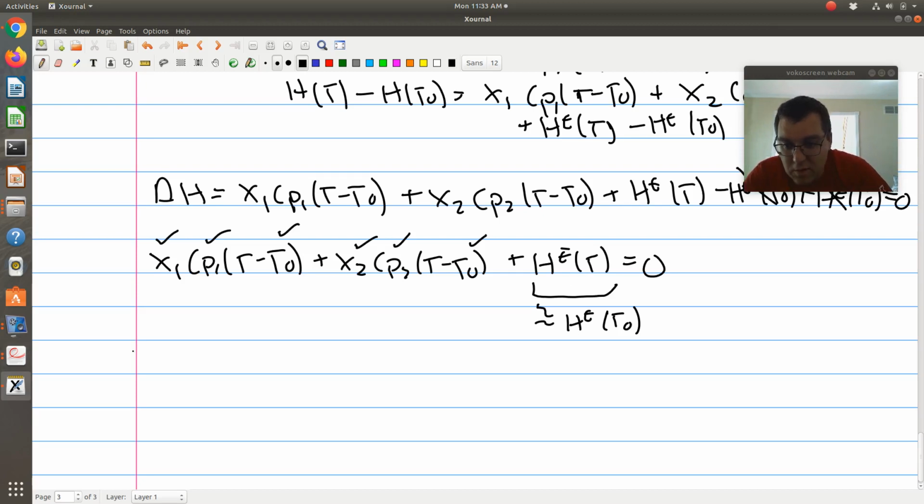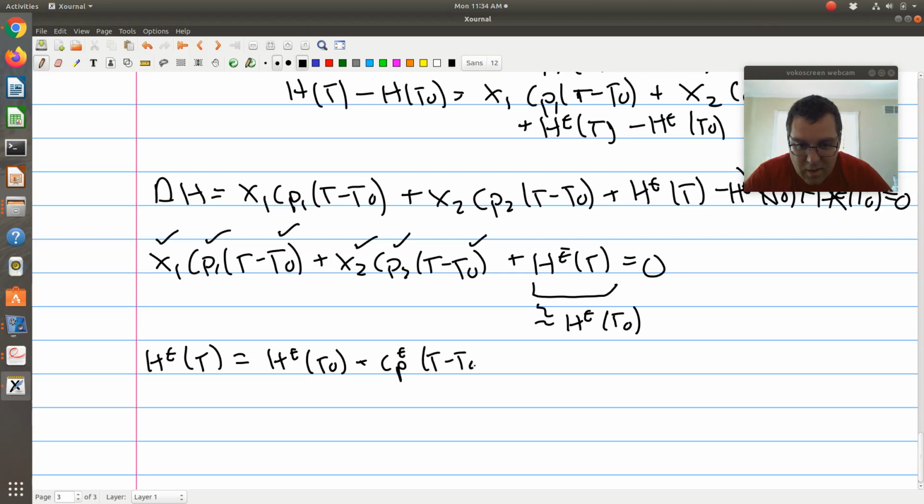To give you a little more idea of this, essentially you could say that HE at T is equal to HE at T naught plus a Cp excess times T minus T naught. We're essentially assuming that this term is 0.